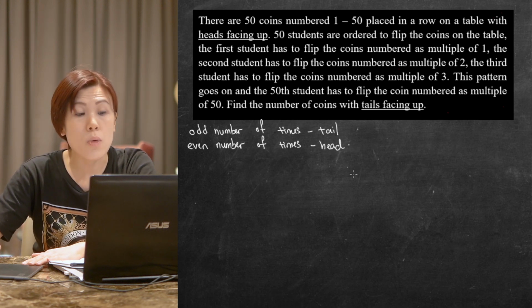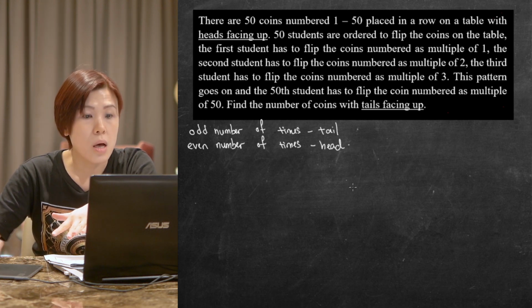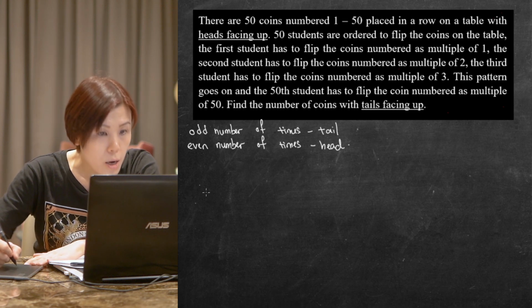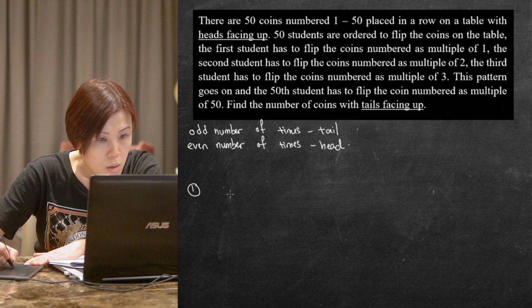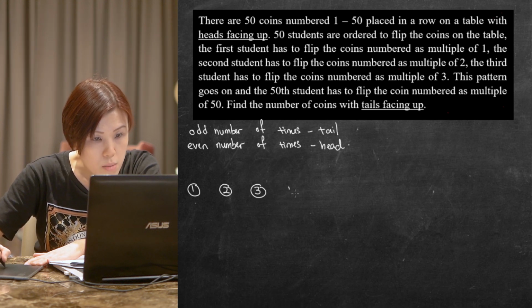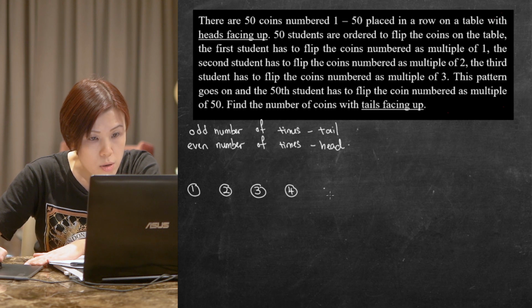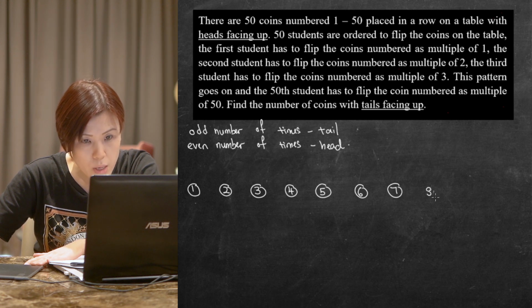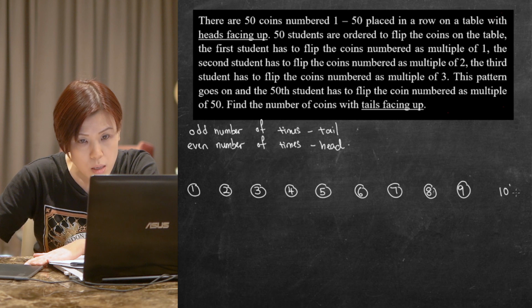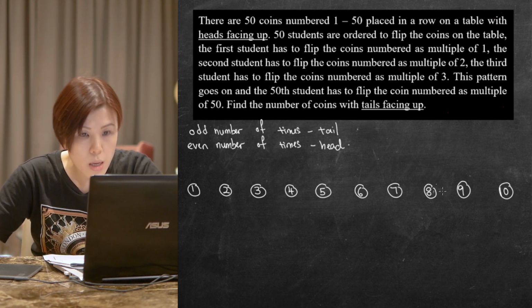So next I'm going to draw 10 coins on this screen. I'm going to put coin number 1, coin number 2, coin number 3, coin number 4, coin number 5, coin number 6, 7, 8, 9, and 10.